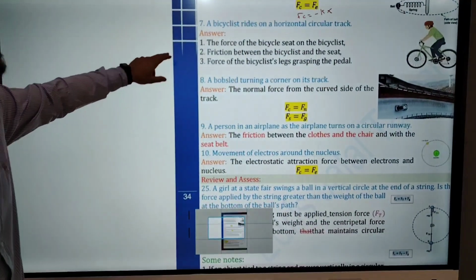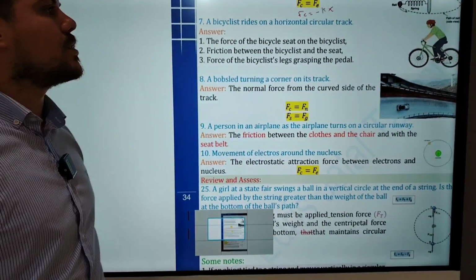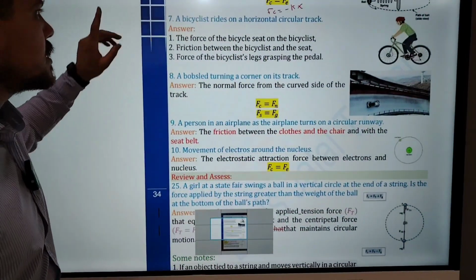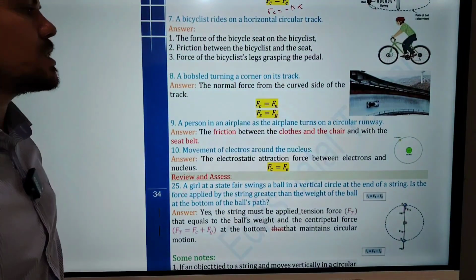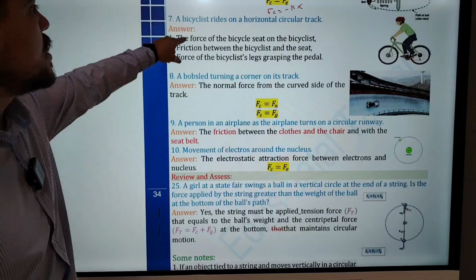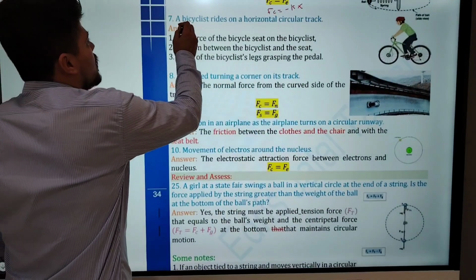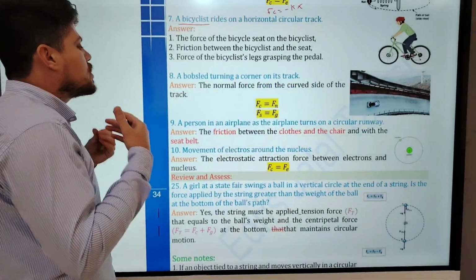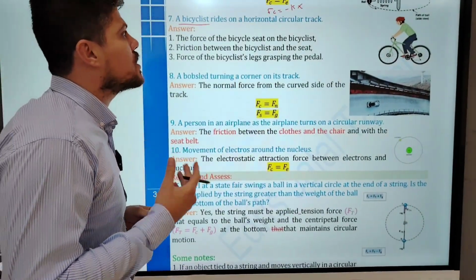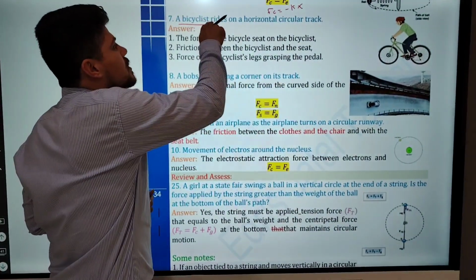Okay, a bicyclist rides on a horizontal circular track. A bicyclist rides on a horizontal circle. We have many factors that provide the centripetal force. This is not bicycle, be careful. This is bicyclist. If the question says, which of the following provides the centripetal force for the bicyclist?